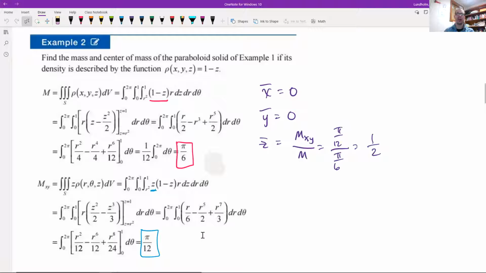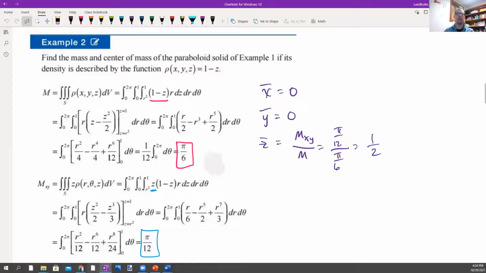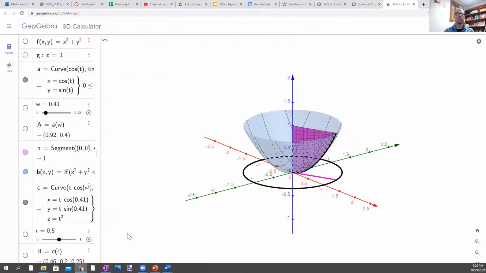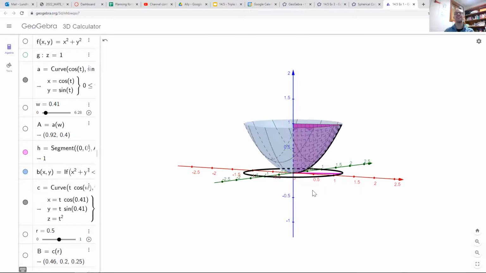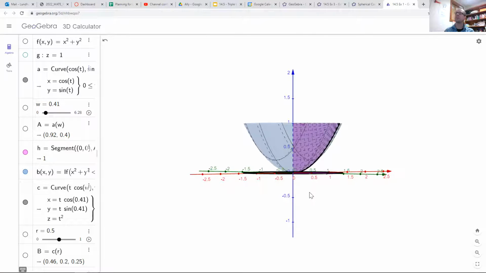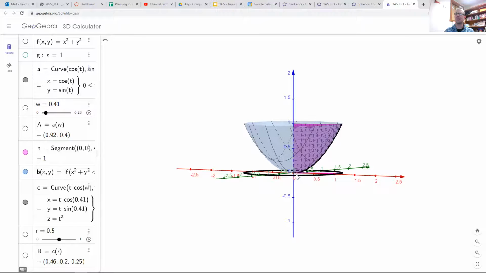So if we go back to that picture that we had, if our density function is 1 minus z, it would mean that our density would be highest at the bottom and lowest at the top. Density would be lower up top because you'd be doing 1 minus 1, which would be 0. And it would be more dense at the bottom.